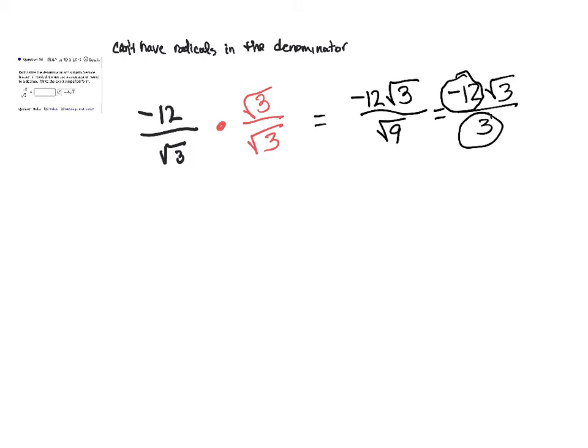So when we cancel, 3 will go into 3 once, 3 goes into 12 4 times. We still have that negative, so our answer is negative 4 root 3. We have a 1 on the bottom, so we don't need the 1 on the bottom. If we had a 1 on the top, we'd have to have it. But on the bottom, we don't need it. So our answer is -4 root 3.